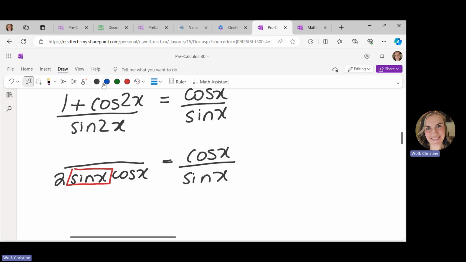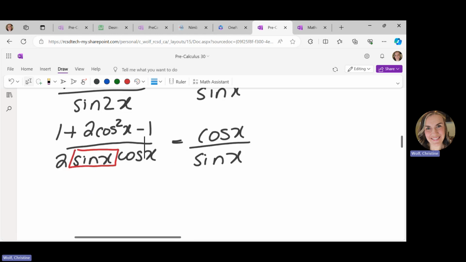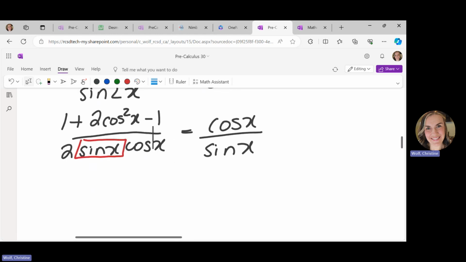Okay, so now on top, I have that 1 plus, right? And then cos of 2x, I'm choosing this guy: 2 cos squared x minus 1. So now, if I cross off everything I said I could cross off, the 1 minus 1 cancels to 0.